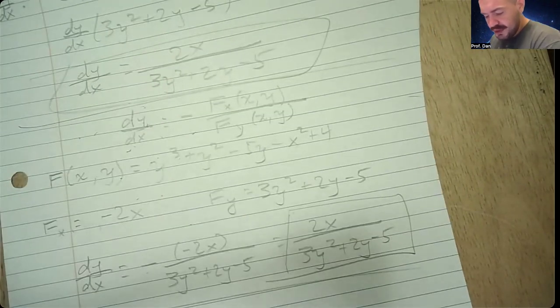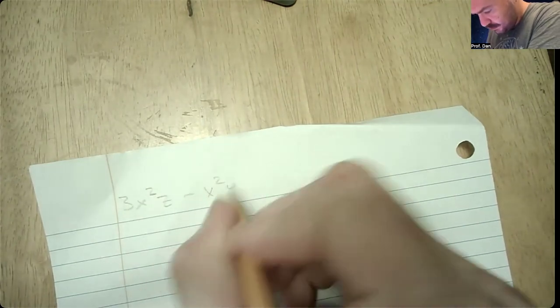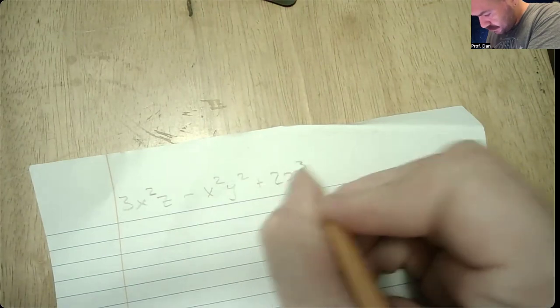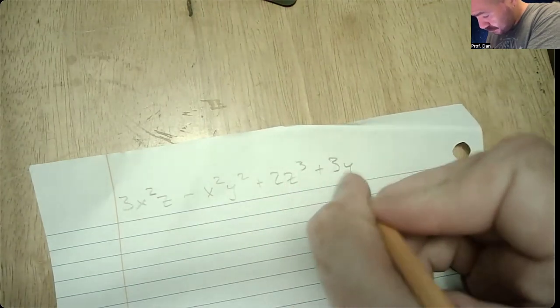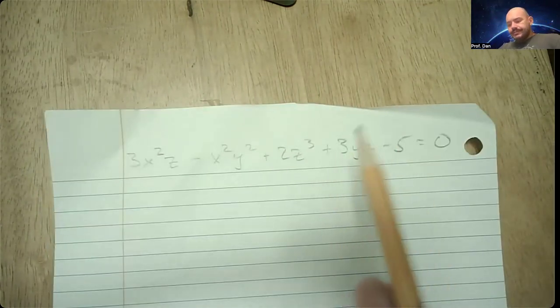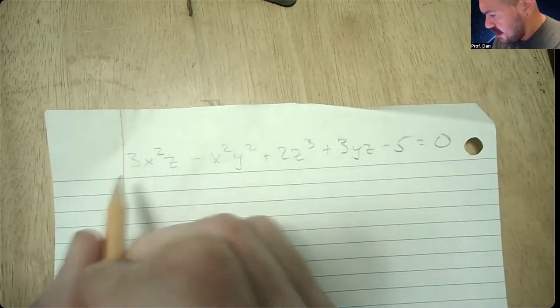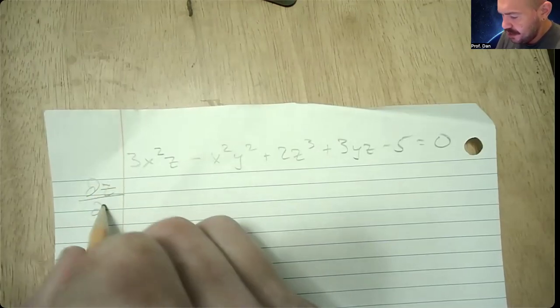If, for example, I started off with this equation, I could actually use implicit differentiation to figure out partial z with respect to x.